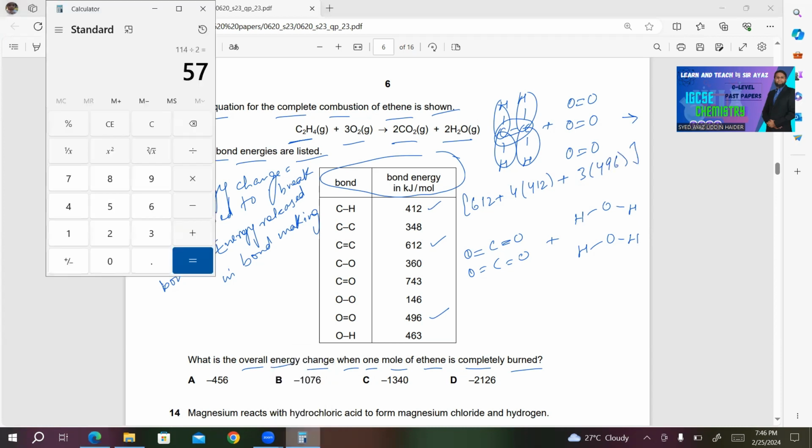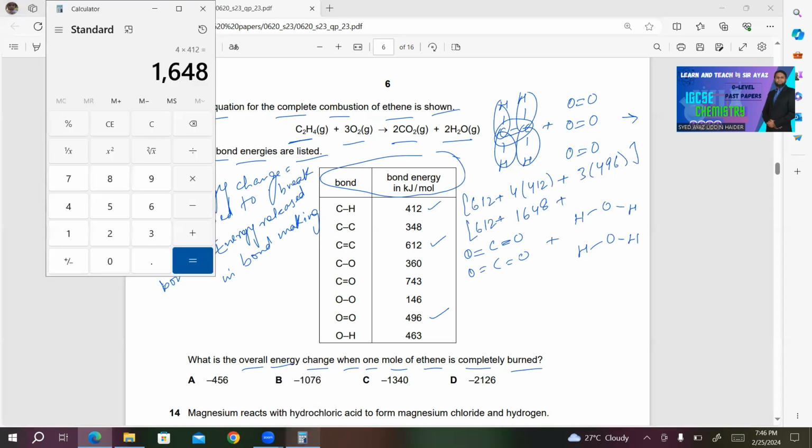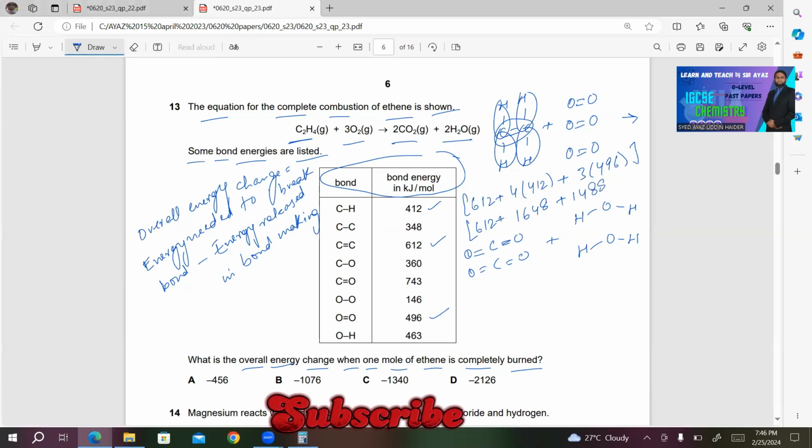So if you multiply 4 by 412, you will get 1648. And if you multiply 3 by 496, you will get 1488.